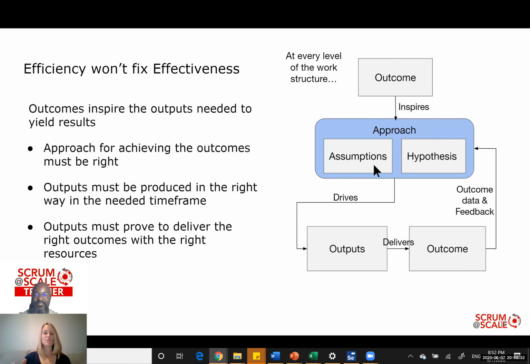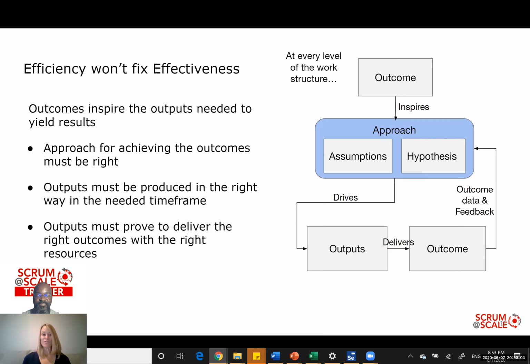You basically assume certain things are true, even though you haven't proved them out and you don't have the data yet. But you have to make assumptions so that you can come up with your approach, and you're going to come up with a hypothesis based on the actions that you'll take. The hypothesis will assume you'll get certain outcomes based on that approach.